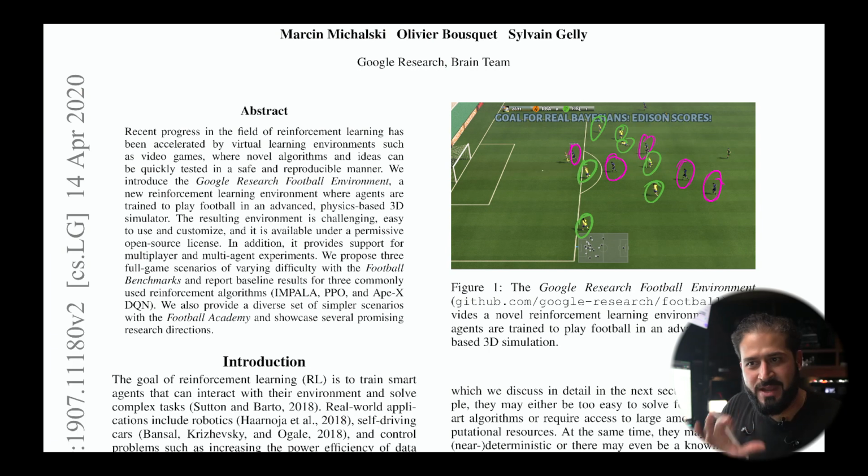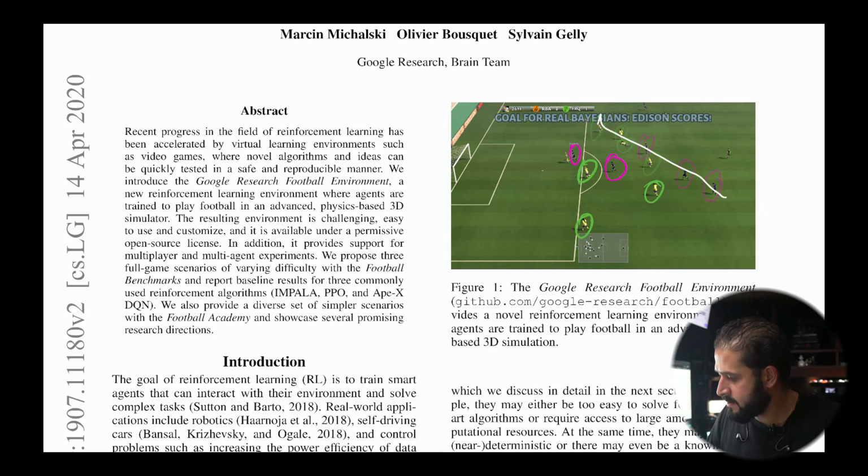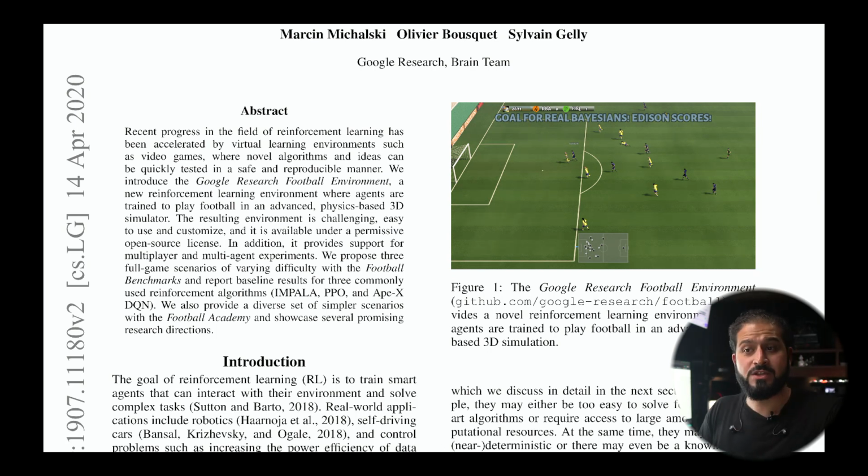I actually created a few config files so that you can load, in the simulation, a 1v1. There's going to be only one player on one side and one player on the other side, and the other player is going to be a computer. So this is going to be a single agent. What we're going to do today is single agent training to play soccer.